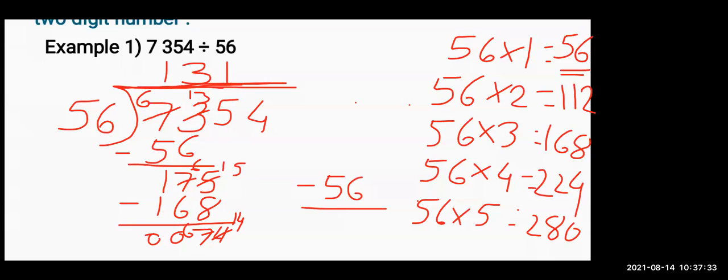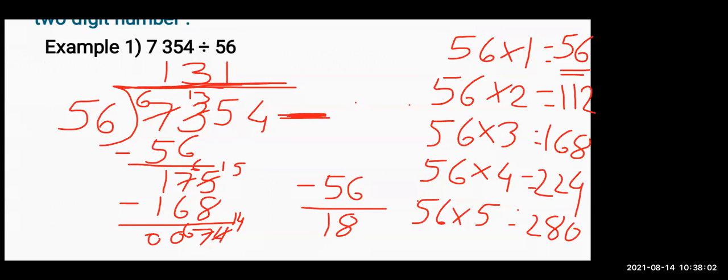Now 14 minus 6 is 8. And 6 minus 5, only 1 is left. So it becomes 18. Now you can see here, 4 के आगे कुछ number है क्या?